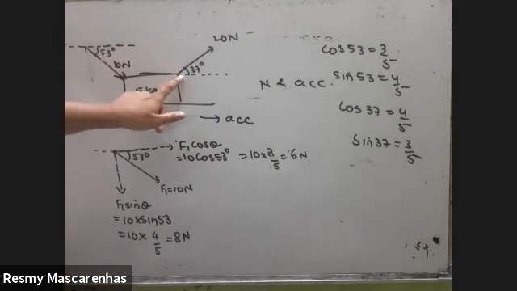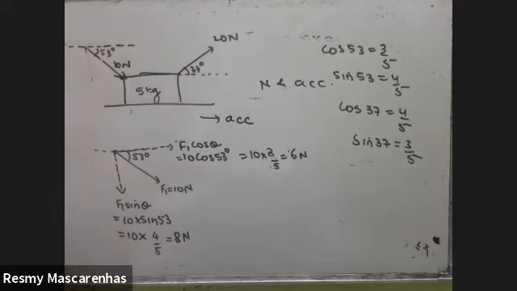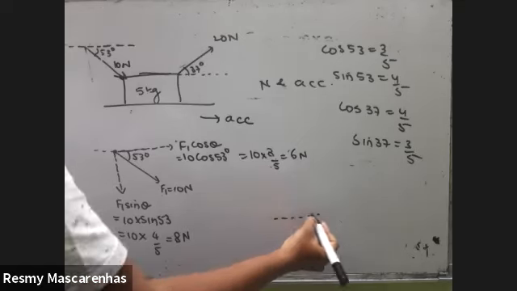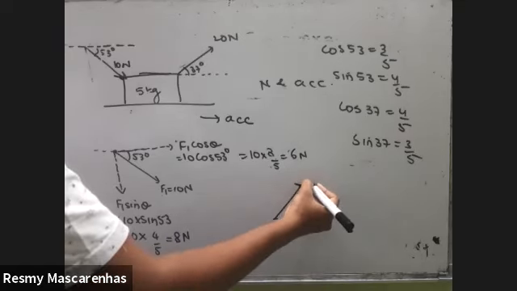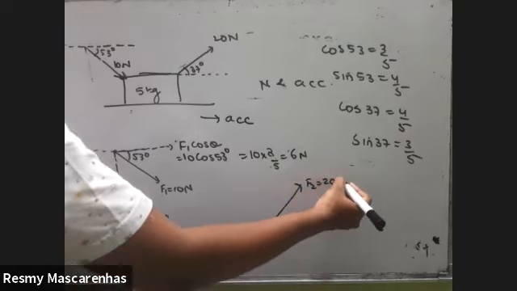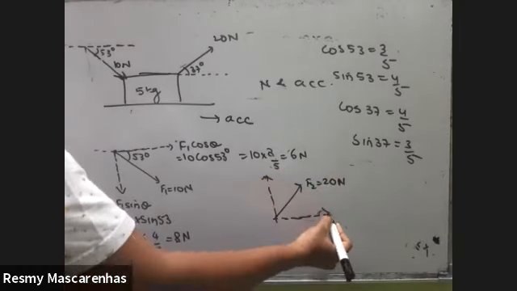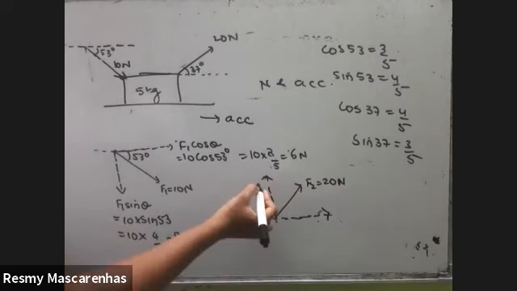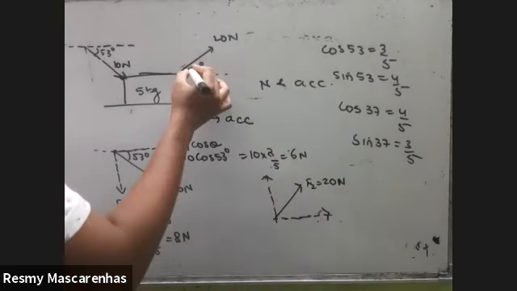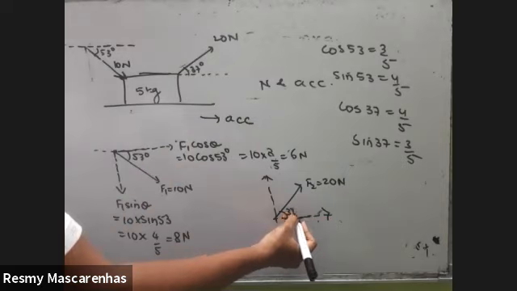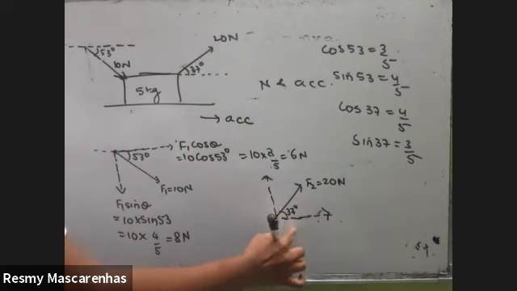Same way we'll resolve this one, F2. So we'll resolve it into two components, one horizontal, one vertical. Where is the angle? Here. So theta is attached here. So this will be cos theta.